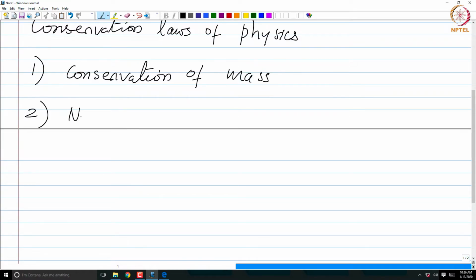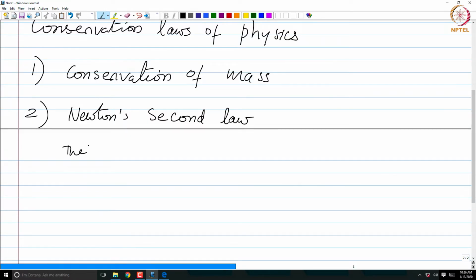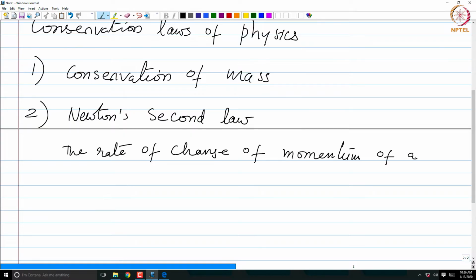Okay, so that is Newton's second law, which says that the rate of change of momentum of a fluid particle, right, that we are following, equals what?